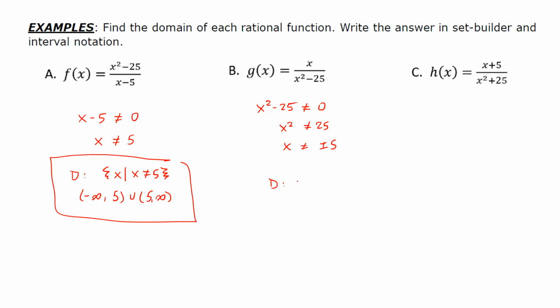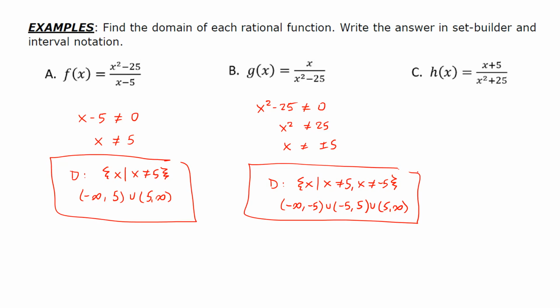So our domain will be all x values except for when x equals 5 or x equals negative 5. Interval notation would be from negative infinity to negative 5, union negative 5 to 5, union 5 to infinity.